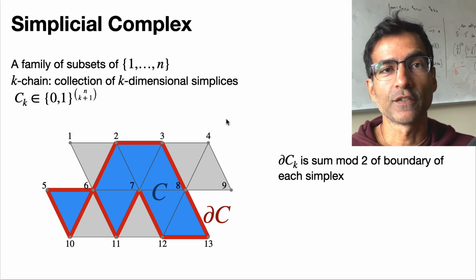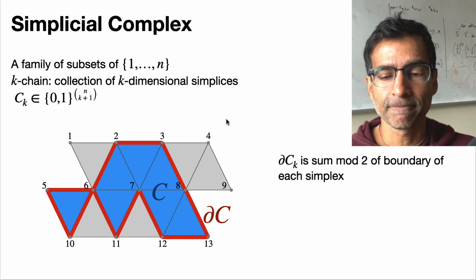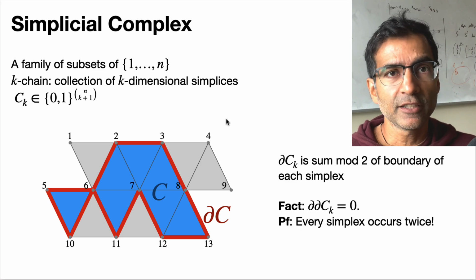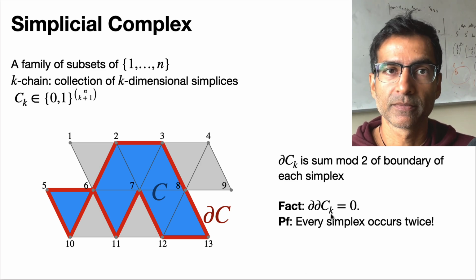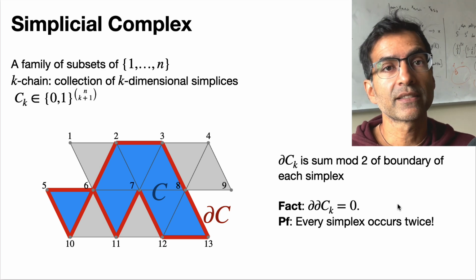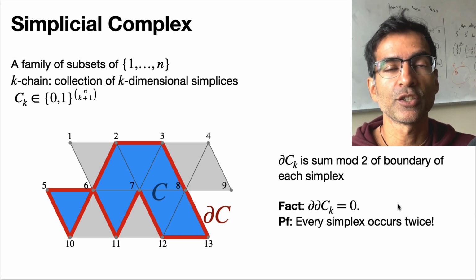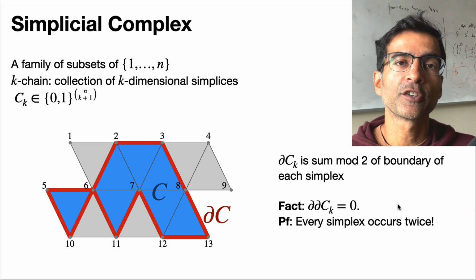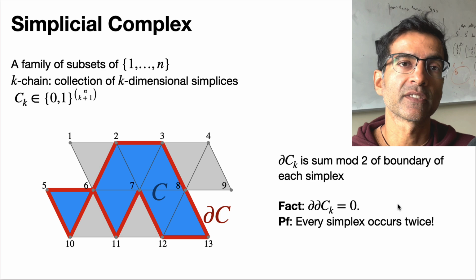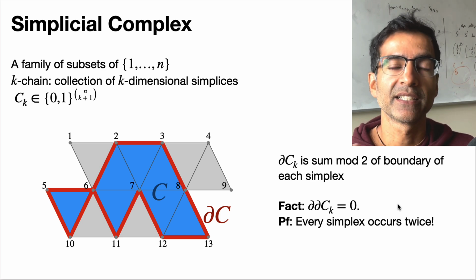So that's the definition of the boundary of a chain. And it's easy to check that the boundary of any boundary is always 0. The reason you'll get 0 is that every (k-2)-chain that you get will show up twice in that process. Okay, and if the boundary of the boundary of a k-dimensional simplex is 0, then by linearity, the same must be true for every k-chain C.